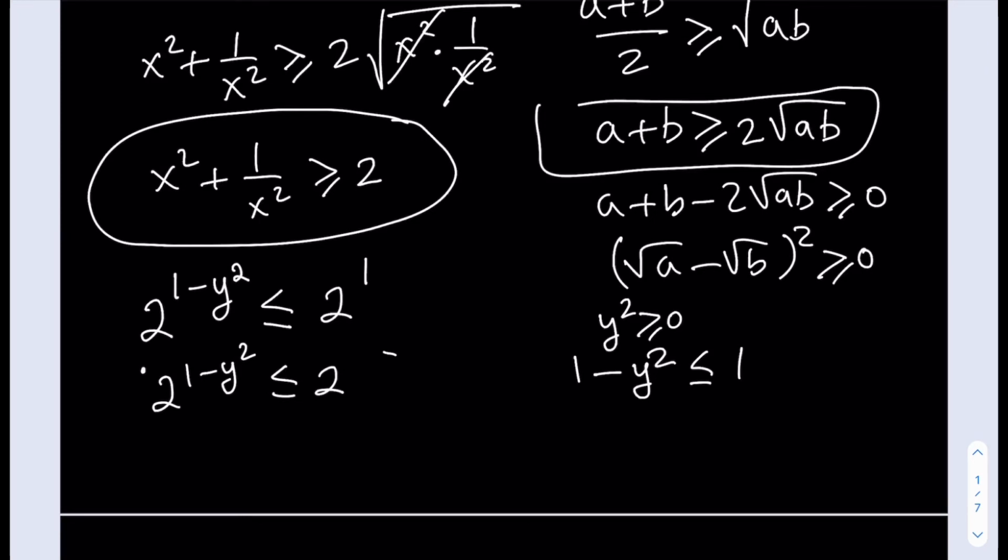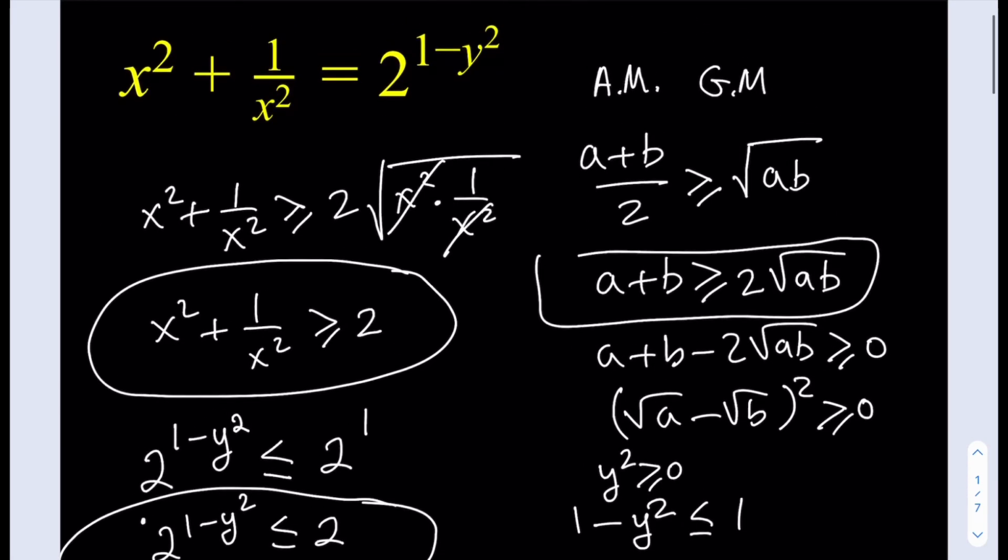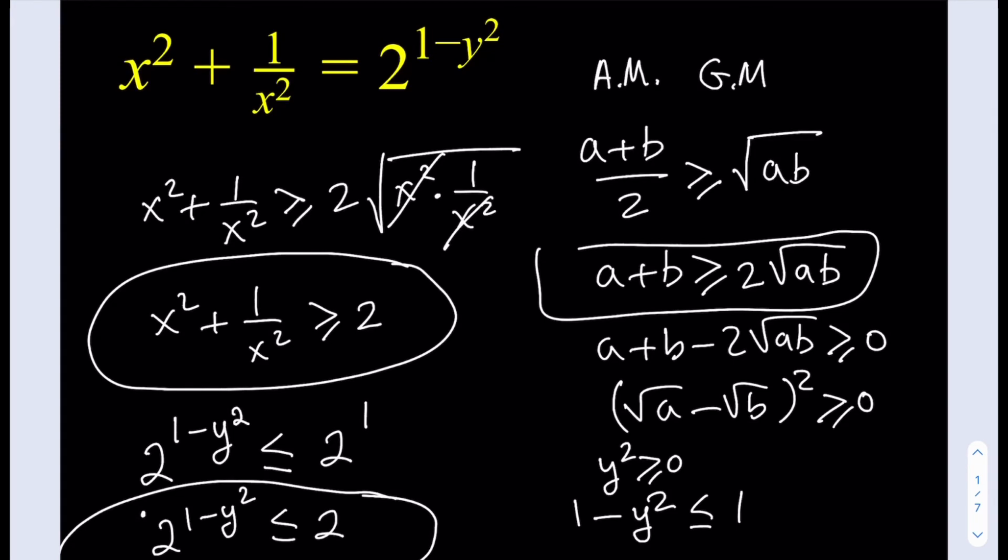Well, what does this mean? Now, we have the two different sides of the same equation having different types of inequalities. The left-hand side of our equation needs to be greater than or equal to 2. The right-hand side of our equation needs to be less than or equal to 2. But it's impossible for one to be greater than 2 and the other to be less than 2, which means that they both have to be less than or equal to 2 and greater than or equal to 2, meaning that they have to equal 2.